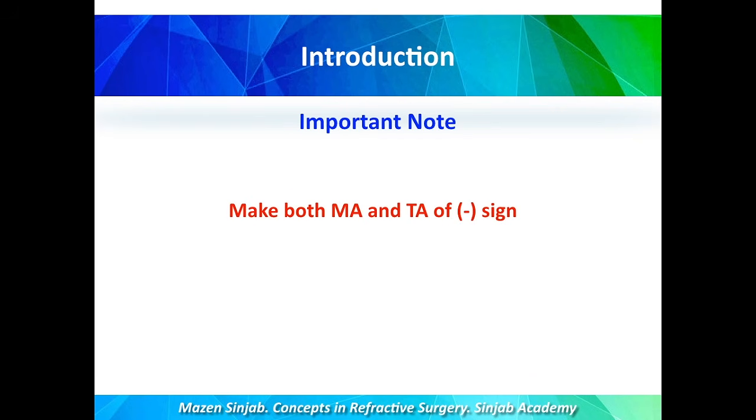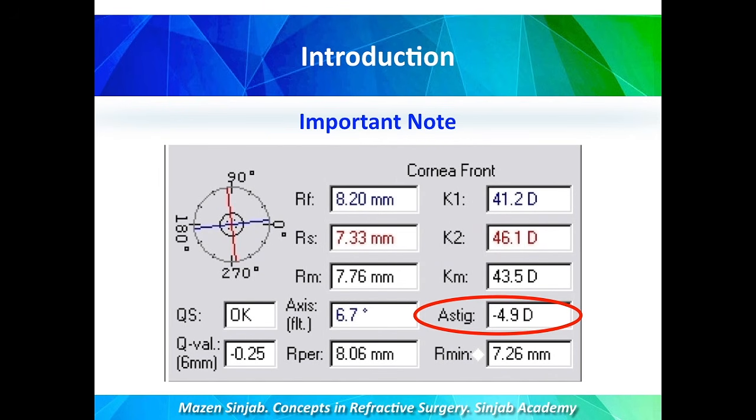It's very important, before we start studying the problem of astigmatism, that we adjust both manifest astigmatism and topographic astigmatism to have a minus sign. Both should have minus sign. As in this example, we go to the settings in the camera, and we adjust the astigmatism to be displayed in minus.